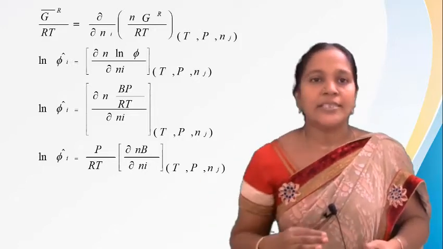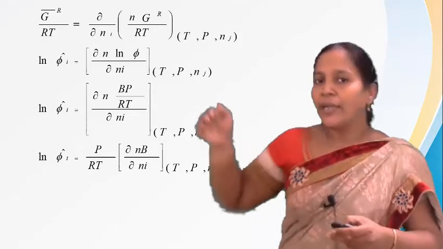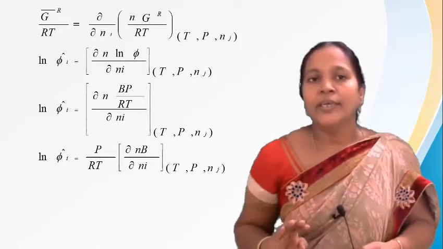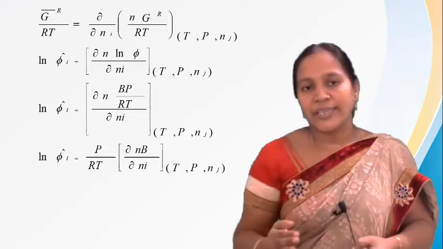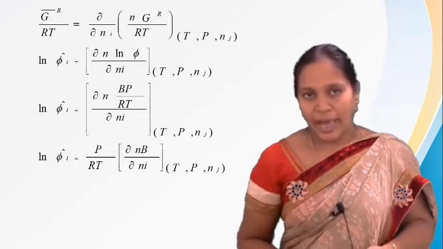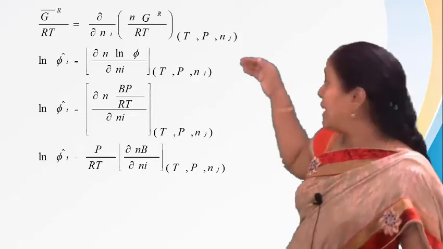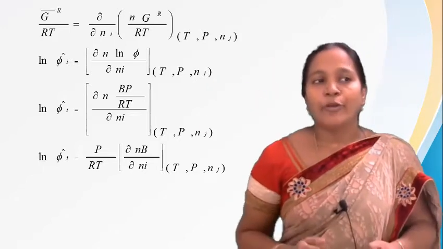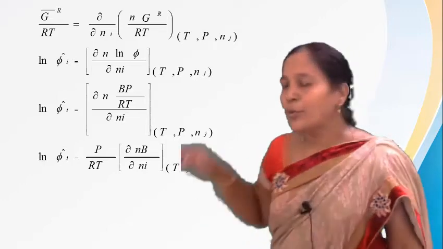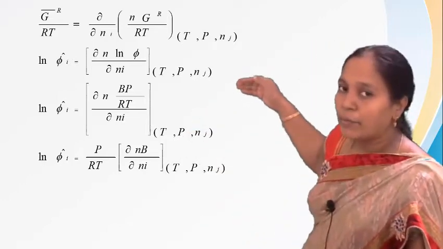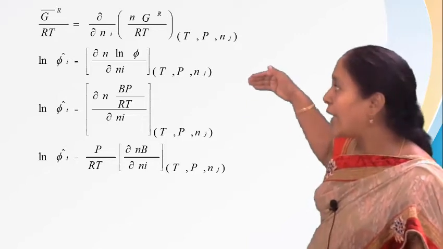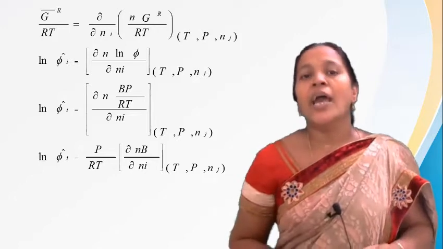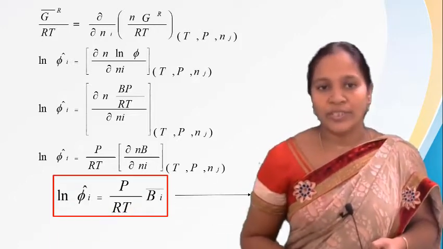Therefore, ln phi i cap is equal to dou n ln phi by dou ni at constant temperature, pressure and number of moles. Here, G bar R by RT is equal to ln phi i cap. We have to replace ln phi with B P by RT. Therefore, ln phi i cap is equal to P by RT multiplied with dou nB by dou ni at constant temperature, pressure and number of moles.